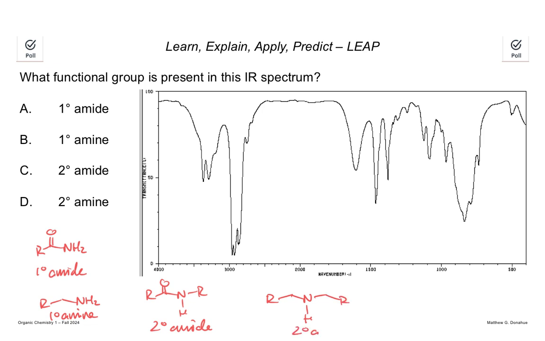And this is a secondary amine. So in region 1, we see sort of this stretching here. Now that actually is something that needs to be interpreted.